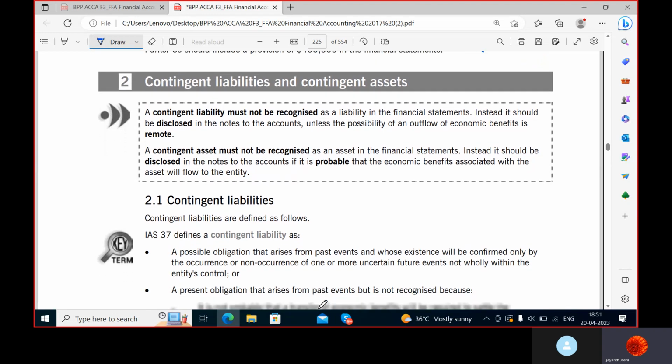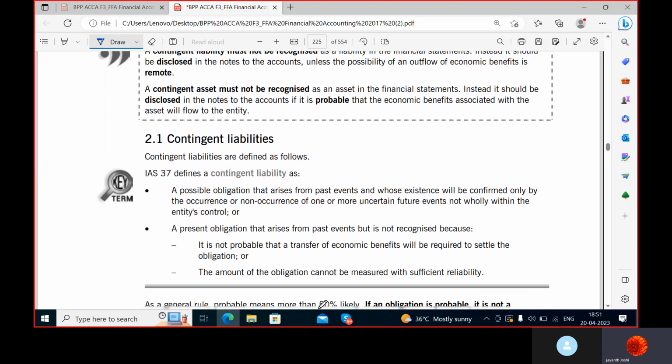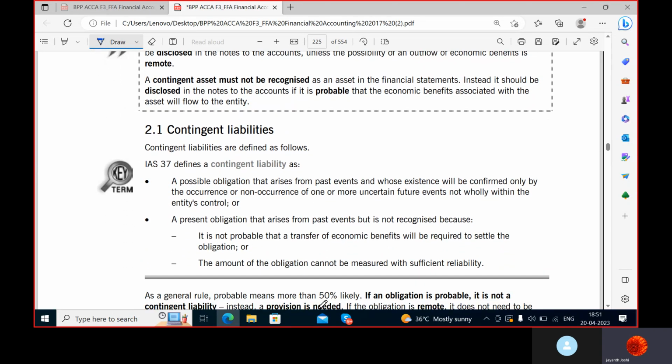And here also we have to know about these two terms. What do you mean by contingent? Contingent is a term which says that it is related to the future, first of all. What kind of future event is it related to? Something which is uncertain. Again, the word uncertain is coming here.